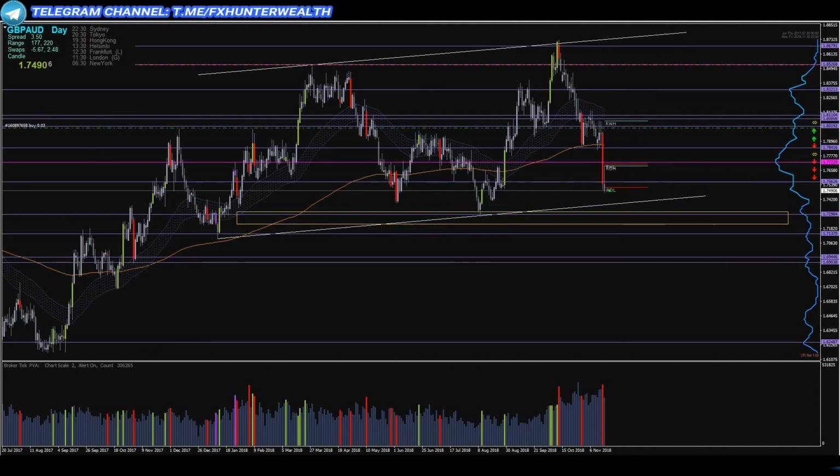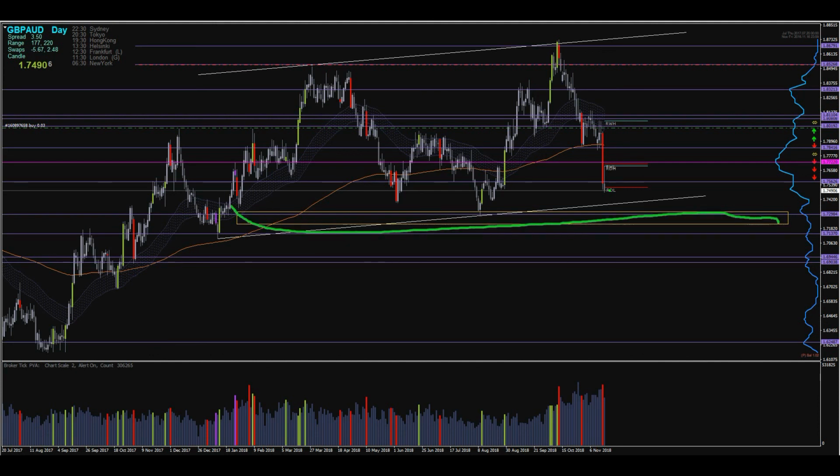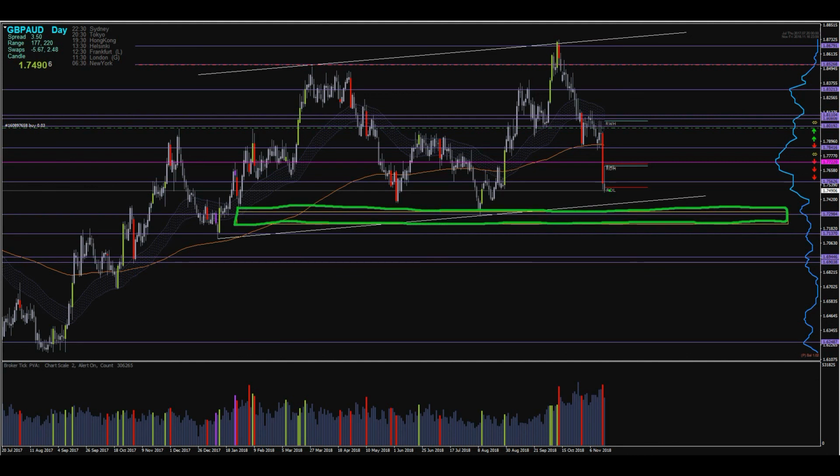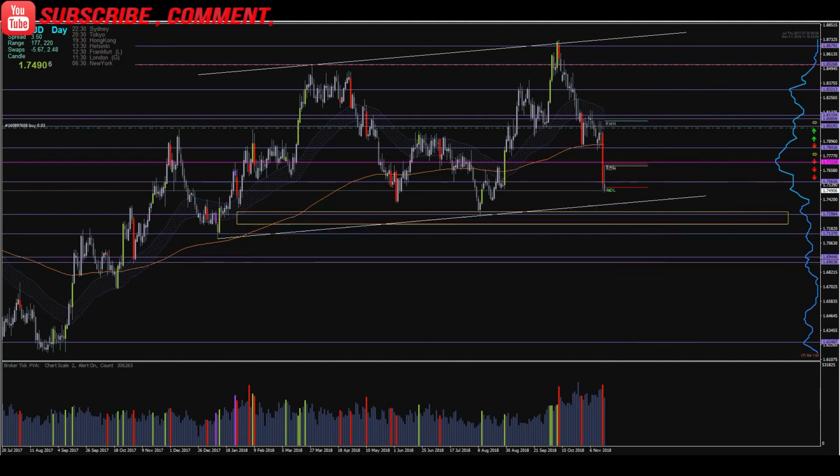Only the Brexit negotiations are dropping it lower, but I don't think it's going to take a long time. So what is here is this level where the stop losses are. Definitely there are going to be some stop outs and people will be entering. So let's see how it will behave here, and I expect this.